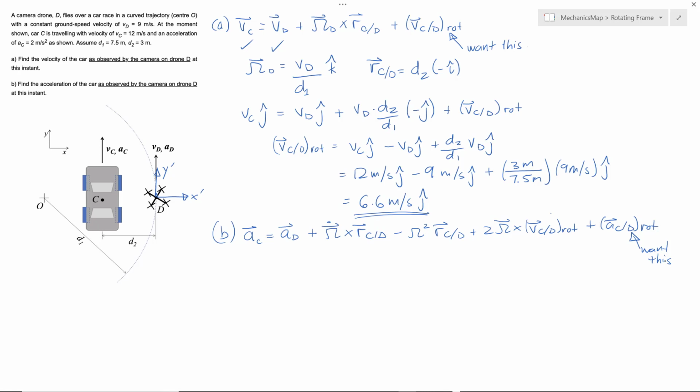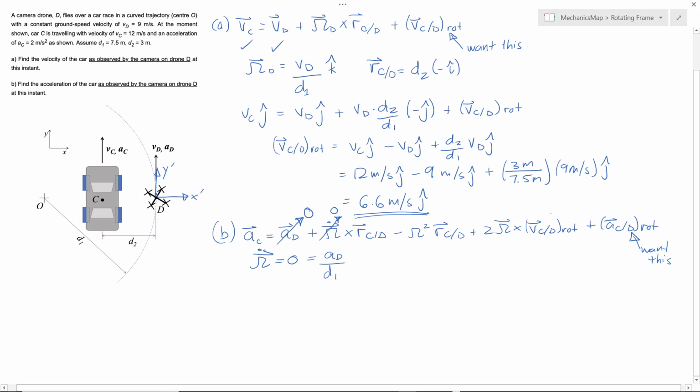We're told that the drone is traveling with a constant speed. That means the acceleration of the drone equals 0 at this instant. It also means that large omega dot also equals 0 because it equals the magnitude of acceleration of D divided by D1, and that equals 0.